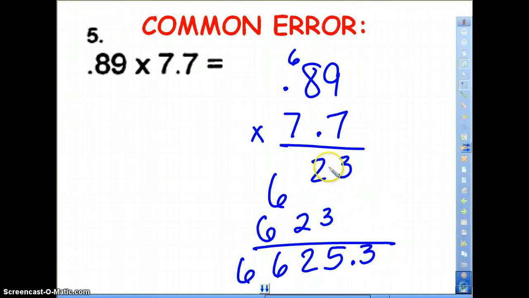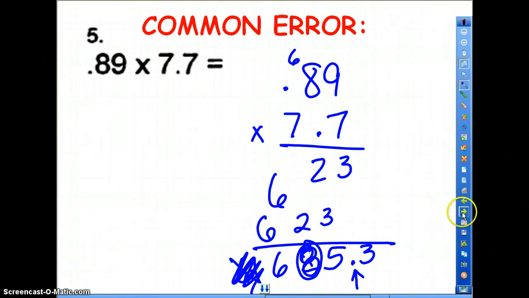So then when I go to add, it's not adding right, because the mistake here is this number right here should not have been a 2. It should have been a what? An 8. This number here, we didn't even need that number there. All right. And then the next mistake I always see is incorrect number of decimal places. All right. Lots of ways to make errors here.